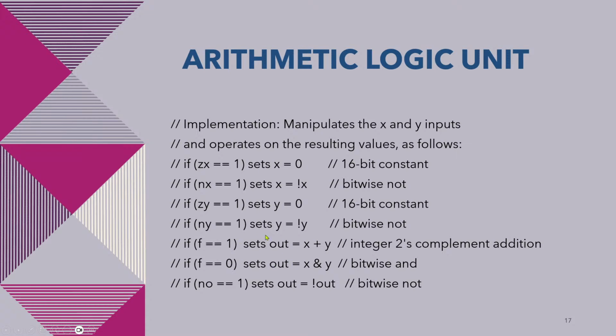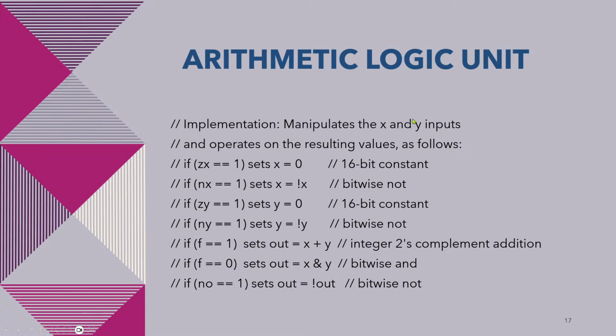Whatever these two operations end up giving you, if no is equal to 1, then it's going to set the output to not out, a bitwise not, and all the bits will be flipped, ones to zeros and zeros to ones. Those are all of the operations that the ALU can perform.